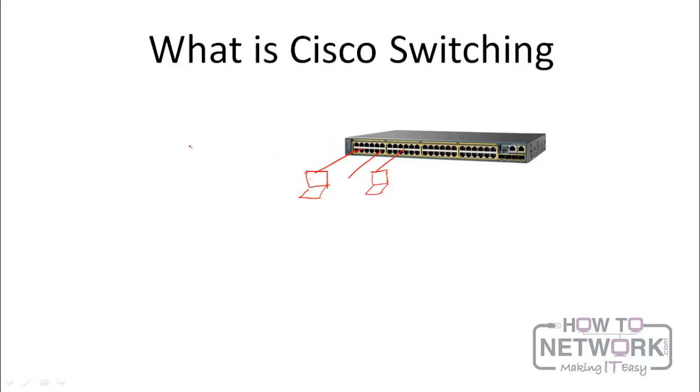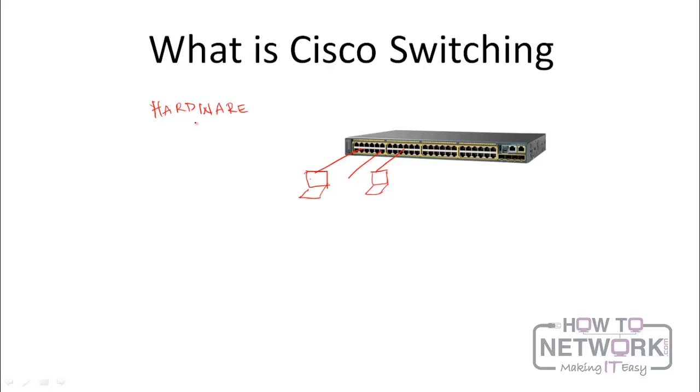So what are the properties of a Cisco switch? The first and the most important property of a Cisco switch is that it segments collision domains. The second property is that it switches in hardware. In the evolution of switches, when bridges were first created to segment collision domains, network segmentation was done in software.